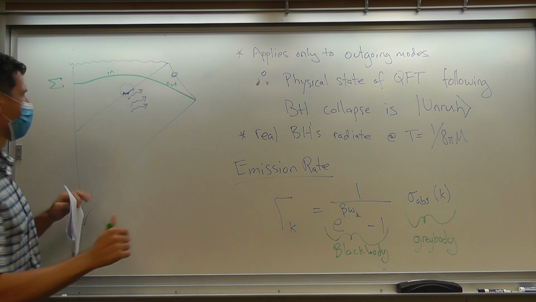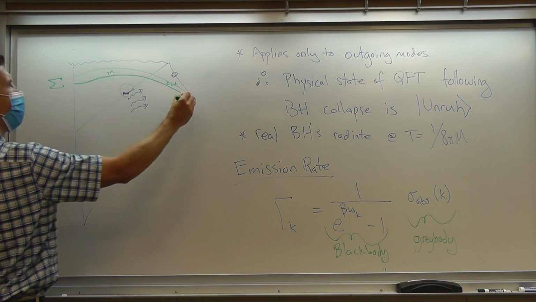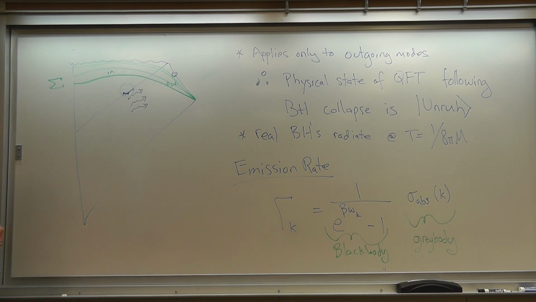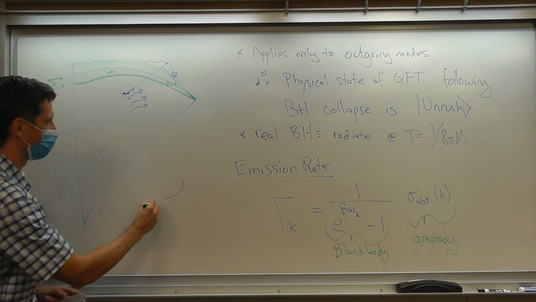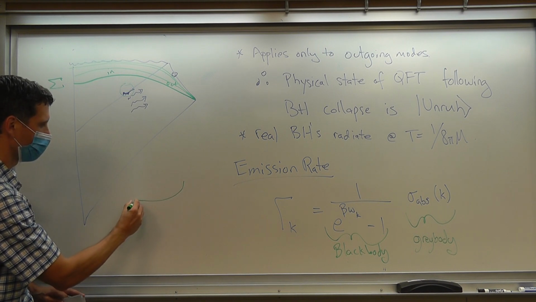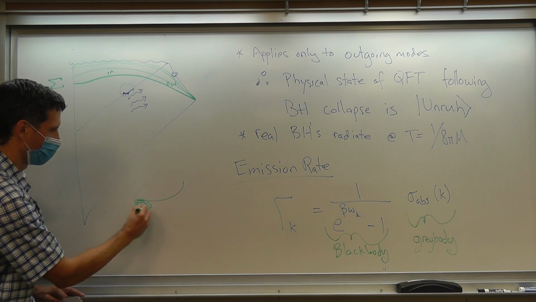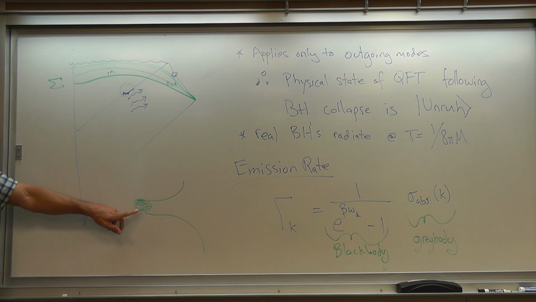Okay, so if I sort of draw a movie of this, when a black hole first forms, it's a tube like this with the star down at the bottom of the tube.